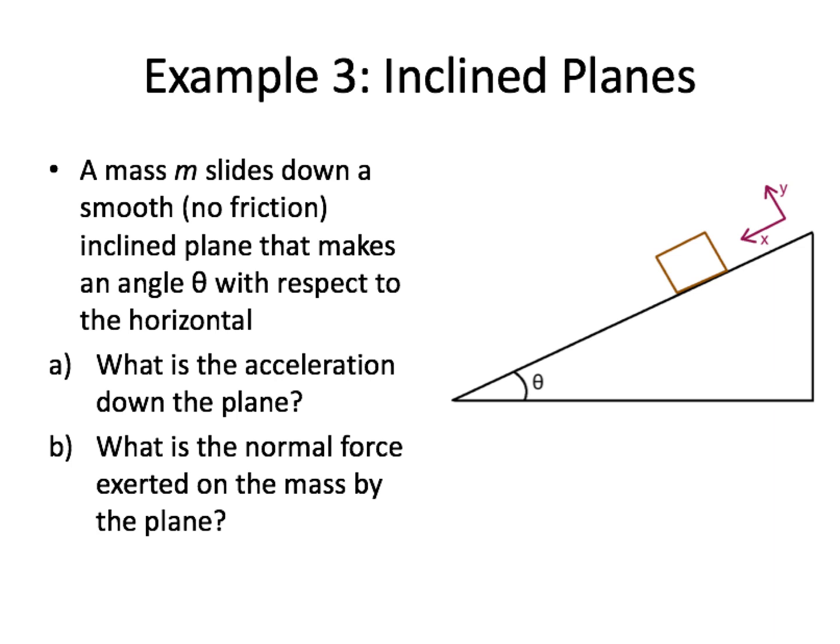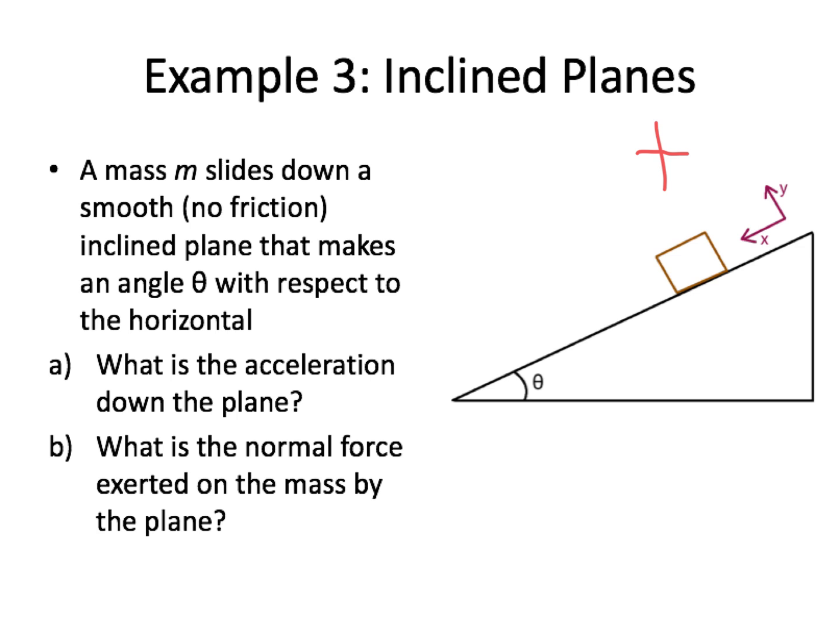What I have done here, you can see it right up here, is I've chosen to make my coordinate system tilted so that the x-axis points down the inclined plane and the y-axis points perpendicular to the inclined plane. Why did I do that? Well, if I have a normal XY coordinate system, you can see that as this block slides down, it's going to be moving in both the X and the Y directions.